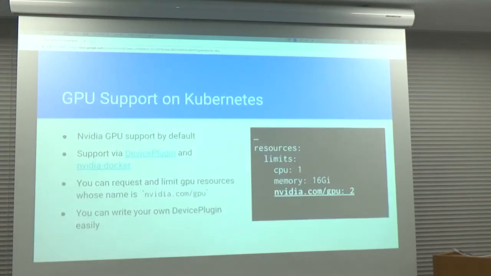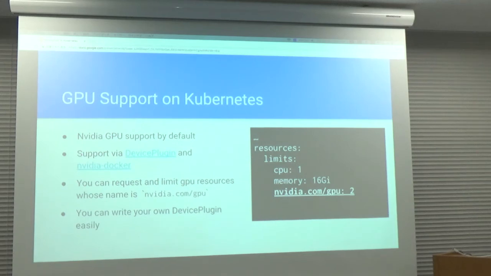And next, GPU support on Kubernetes. NVIDIA GPU only, but NVIDIA GPU is supported by default. This is supported via the device plugin and NVIDIA Docker environment. And you can request and limit GPU resources of your pod, whose name is nvidia.com/gpu. Every configuration in Kubernetes can be written in YAML or JSON.